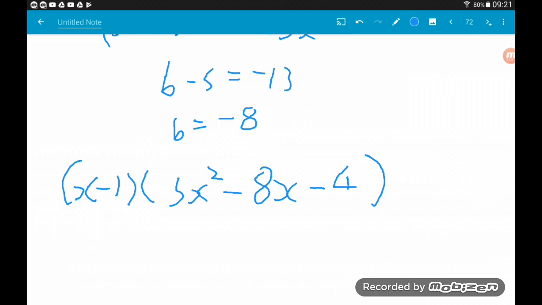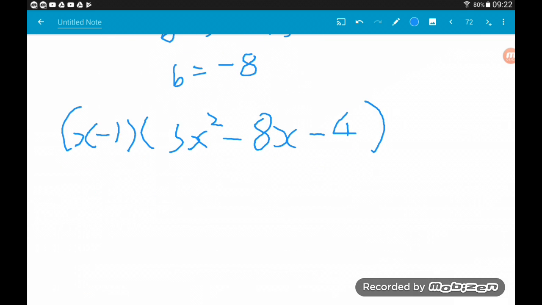Alright, good time. So now we need to see whether or not the quadratic part has any factors, or if that's it done. So to the discriminant we do go. So the discriminant is going to be minus 8 squared, so 64, minus 4 times 5 times minus 4. So that's going to give us a positive. It's a shame, that means there's more work to do.